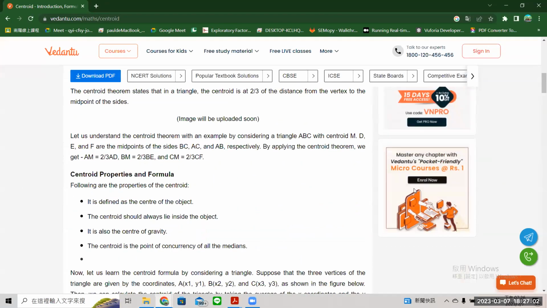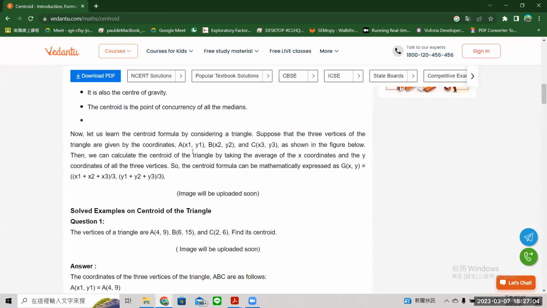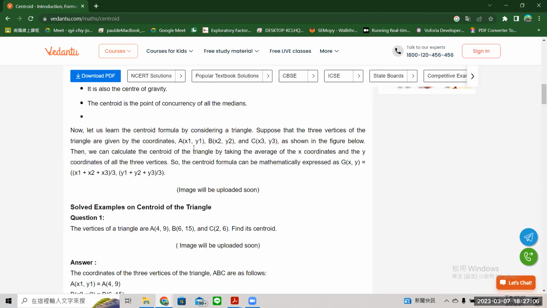If you have 3 points, just like I told you, you have 3 customer preferences A, B, C, and they are scattered on a 2-dimensional plane like this. How do we compute their center of gravity? Please see the formula.